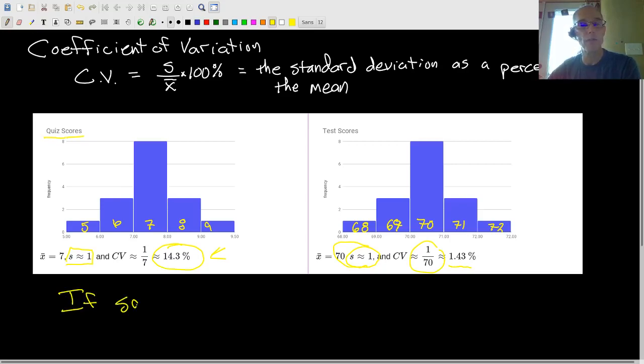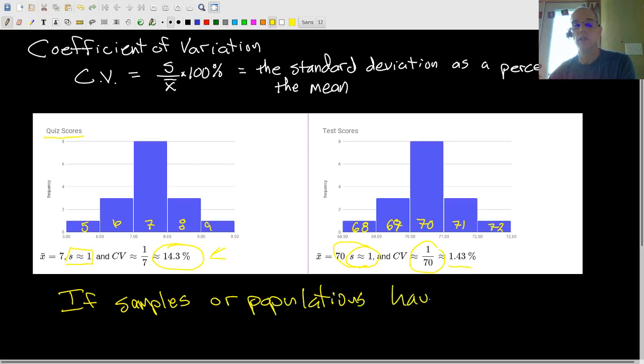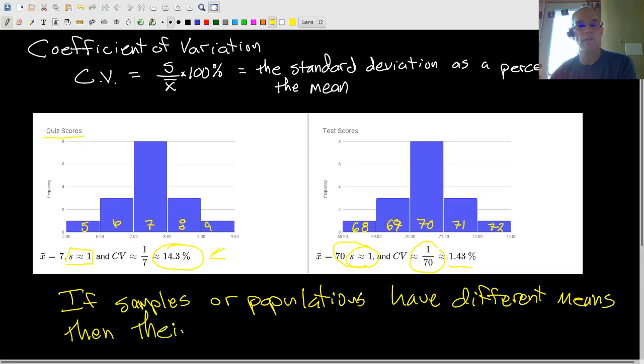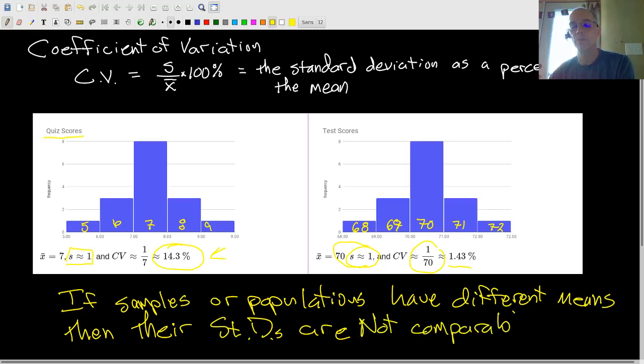If samples or populations have different means, then their standard deviations are not comparable. So that's why we need the coefficient of variation. So we'll just take a look at another example, a couple more.